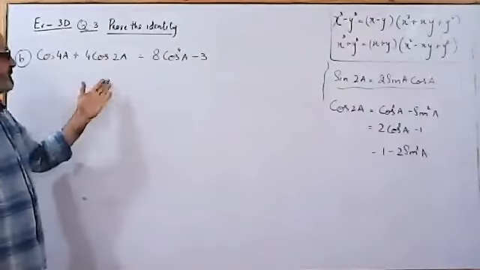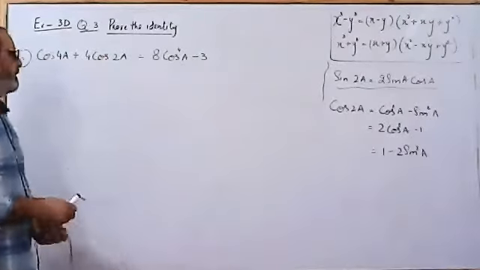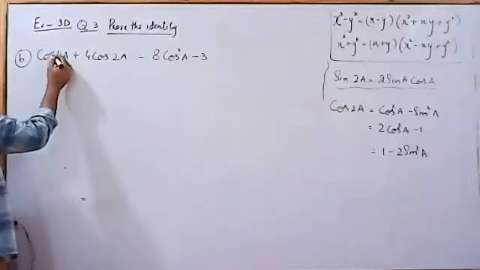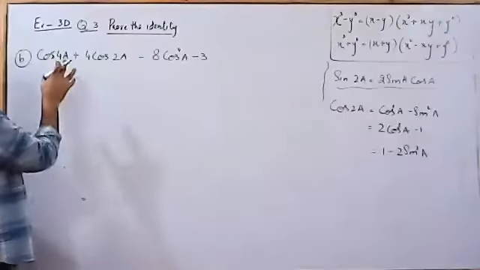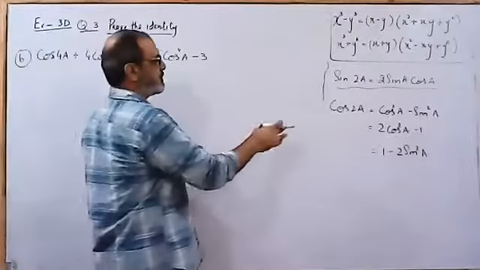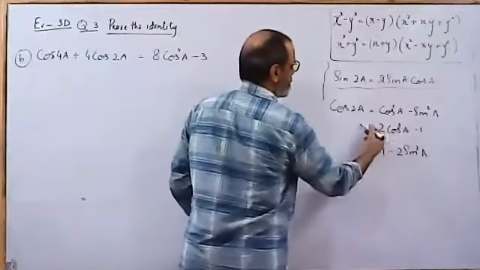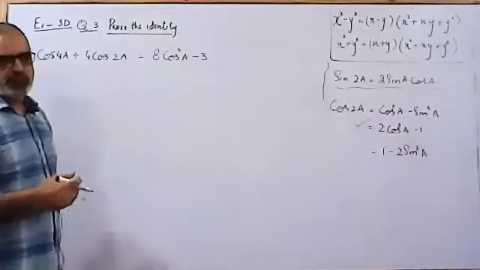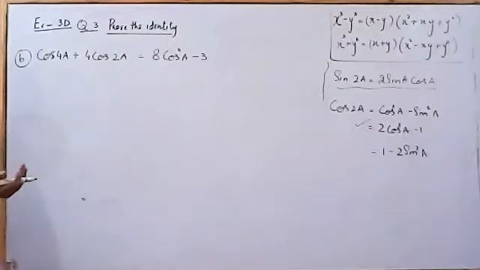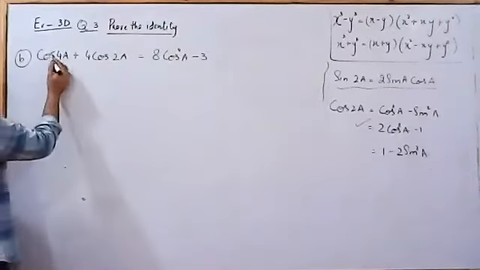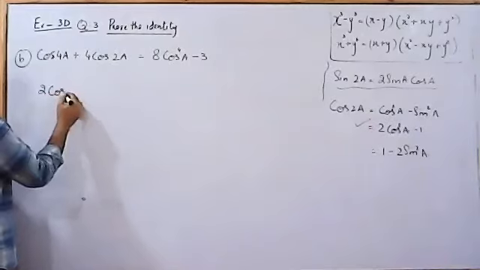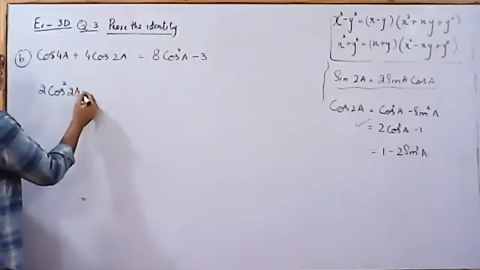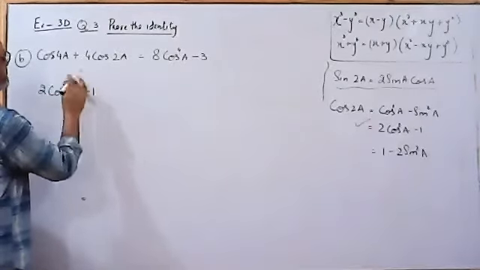Then I will arrange the terms to get this form. Secondly, on the right hand side I have only cosine. I have 3 options for the cosine of 2a. I'll use the second one, changing cosine 2a into 2 cosine square a minus 1.